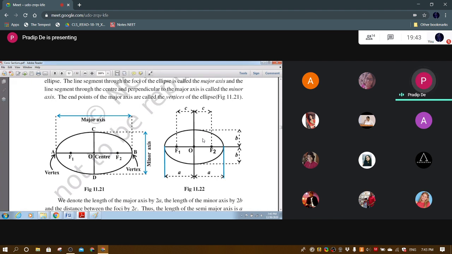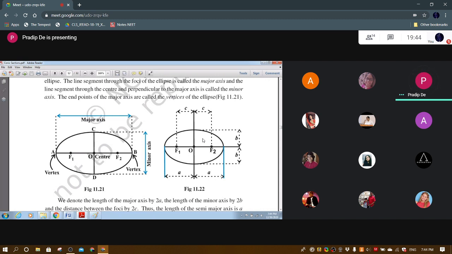And this is one of the axes. There is one more axis which is again passing through the center and which is perpendicular to the chord AB. And this chord CD is the smallest of all the chords. Because AB is the largest chord and it is the axis, it is called the major axis. AB is the major axis and CD is the minor axis.